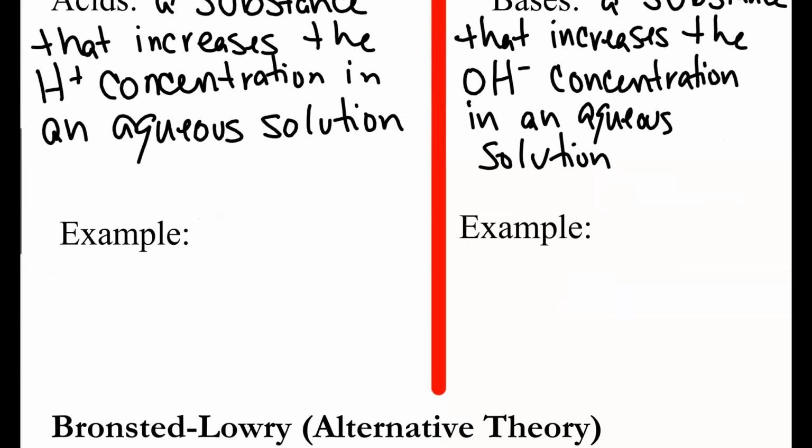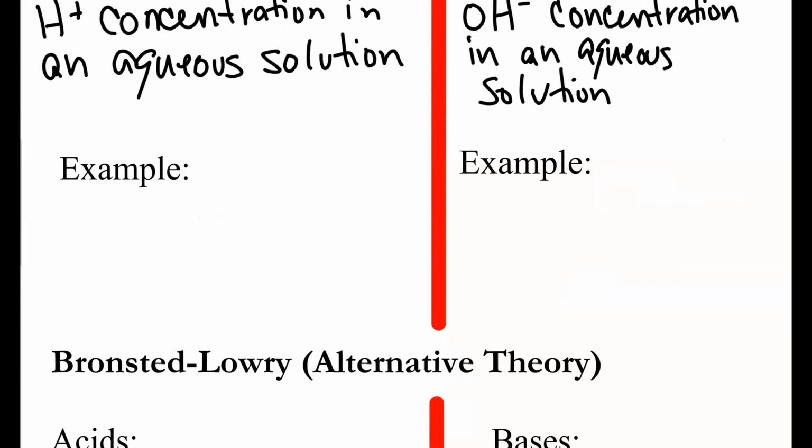All right, so let's do some examples. The most common example for an acid is hydrochloric acid. Hydrochloric acid is stomach acid, so you have it in you right now, and because chloride ions are so common, when water comes in contact with chlorine or a chloride ion, it often makes hydrochloric acid.